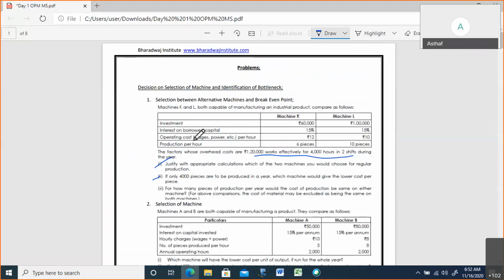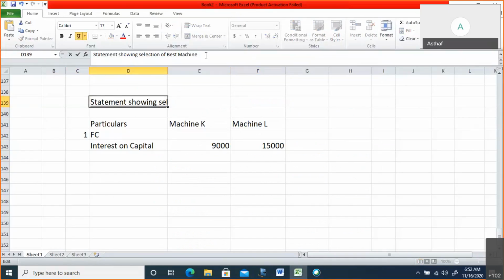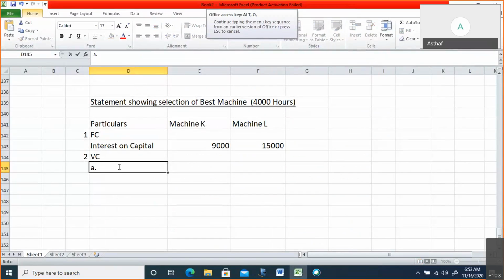Then operating cost; all the other costs come under operating. So first we have to make it. How many hours are they telling? 4,000 hours. Now variable cost, which is the operating cost.